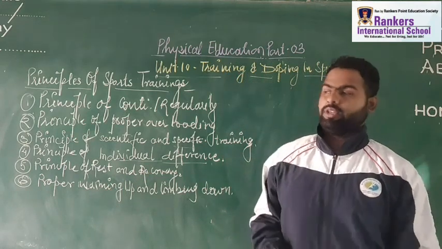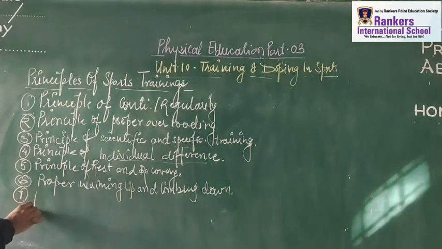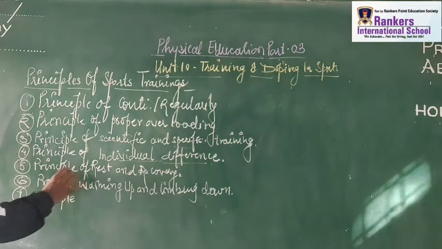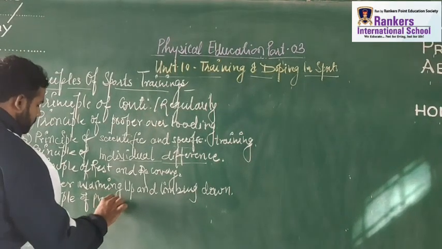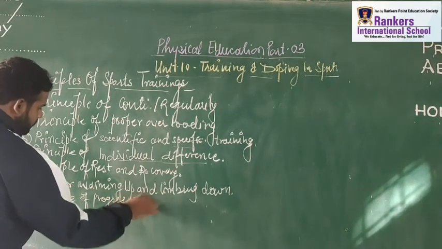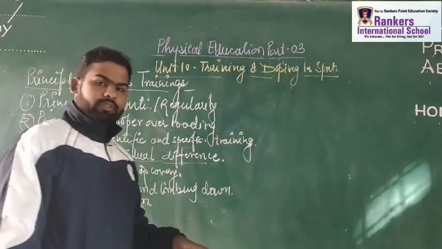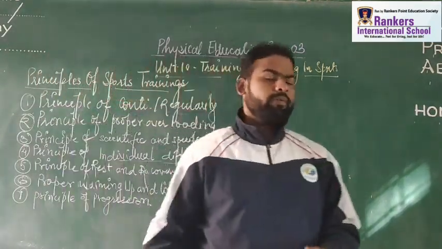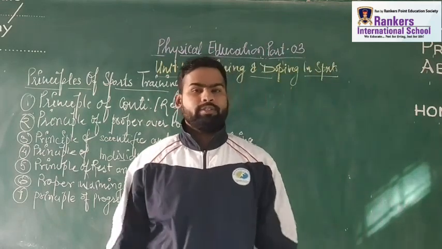The next thing is the principle of progression. Progress, growth, enhancement, right? As we all know, the preparatory part starts, then the competition part, and then it is followed by the transition.